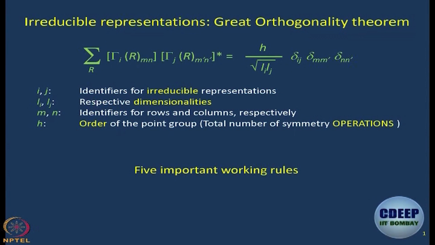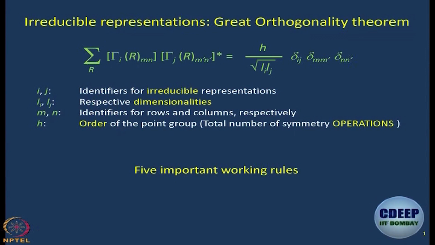Okay? Now, since we have now understood all the terms, all the factors in this equation, I hope we now appreciate why it is called an orthogonality theorem. You remember what orthogonality is? Or rather you remember what orthonormality is? Integral over all space, product of two vectors is equal to some value when they are the same and 0 when they are different. That is orthonormality, right?